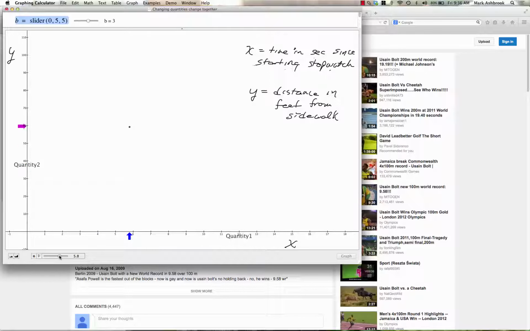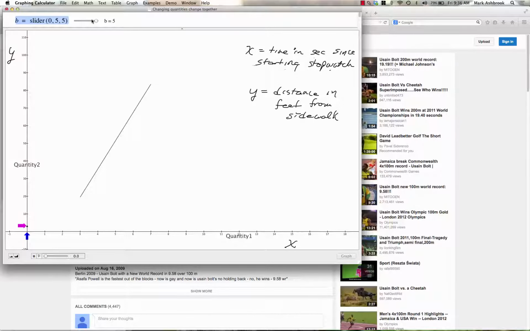And we can pause at any time. Here's 5.8 seconds. Corresponding distance about 60 feet from the sidewalk. Nice fast scooter, right? It gives us a point. So then we can think about a graph emerging from all these points. A graph is just a collection of points.